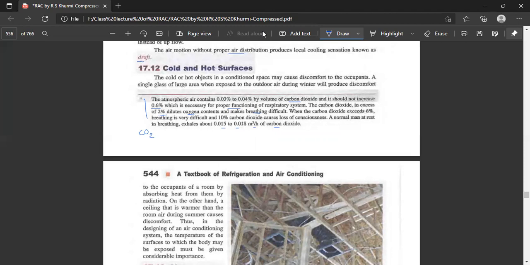Carbon dioxide in excess of 2% dilutes the oxygen content and makes breathing difficult. If it exceeds 6%, breathing is extremely difficult, and at 10% carbon dioxide a person will be unconscious. A normal man exhales about 0.15 to 0.18 cubic meter of carbon dioxide, which again is a problem to the person concerned.